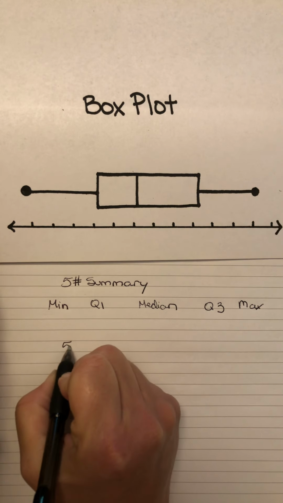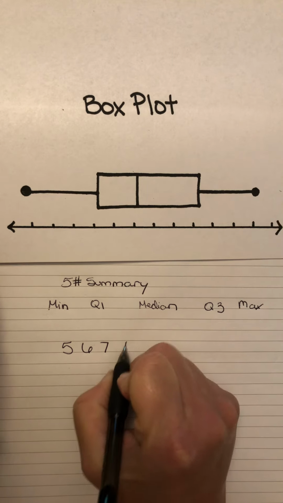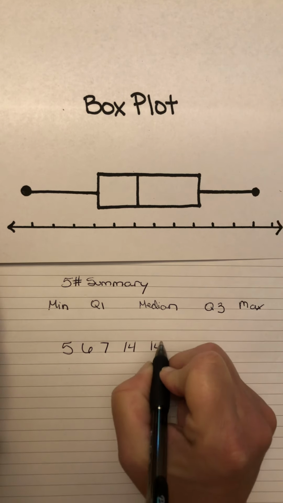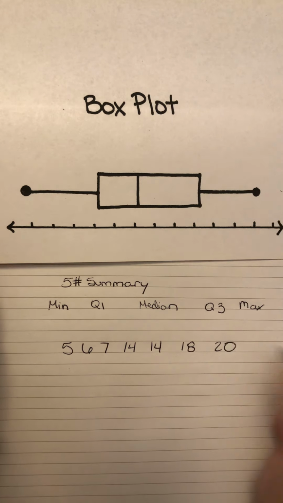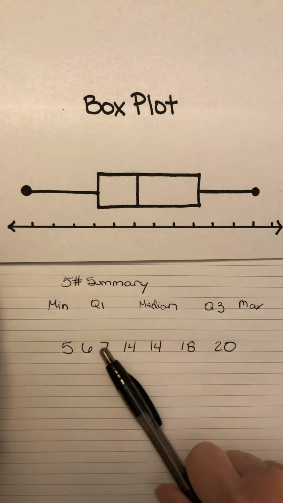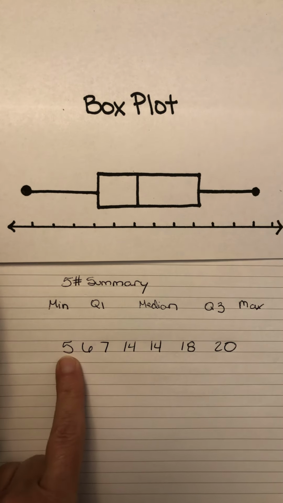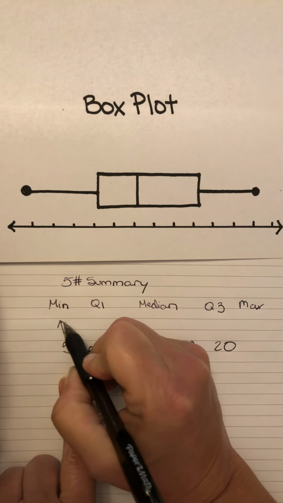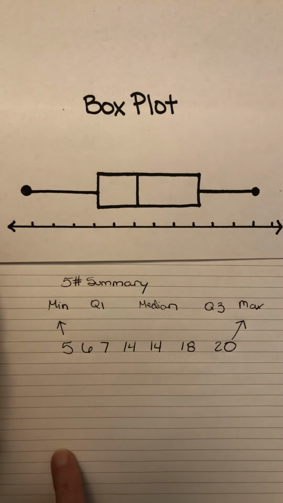So I have 5, 6, 7, 14, 14, 18, and 20. Just making sure I wrote them all down. Okay, so here's my minimum. Here's my maximum. All right.